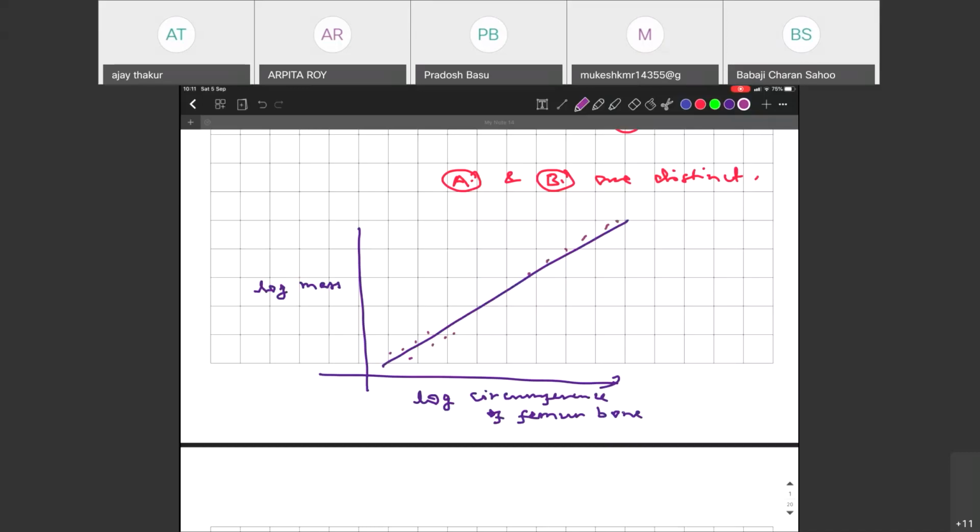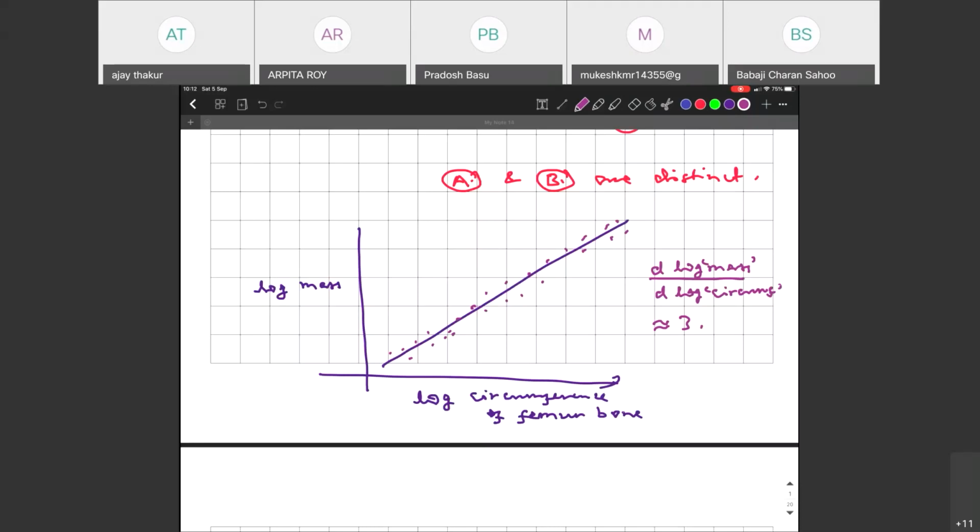If we recall the data which we just saw, it is something like that, and the slope, that is d log mass by d log circumference, is nearly equal to 3. Fine. So that is the slope of this line.